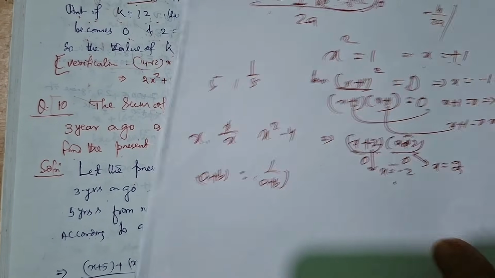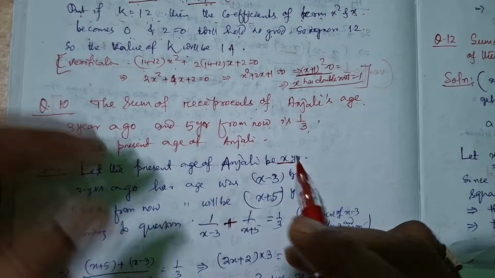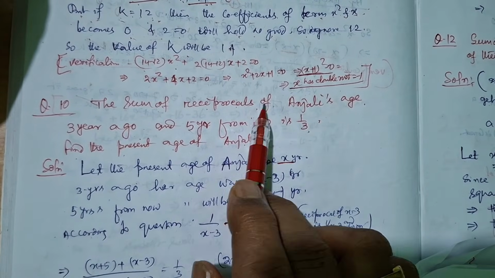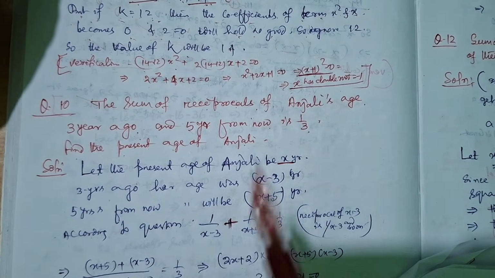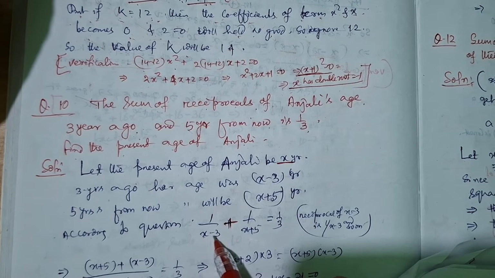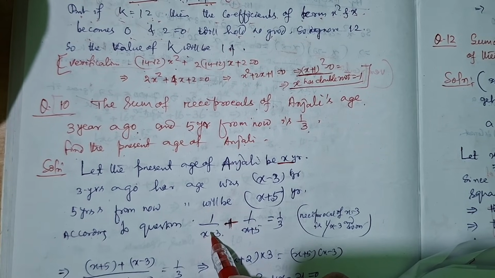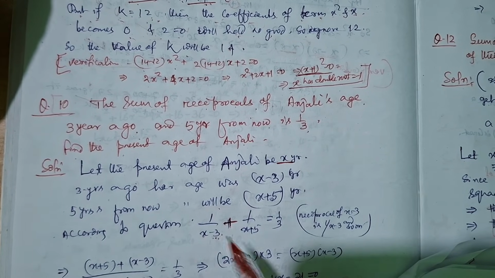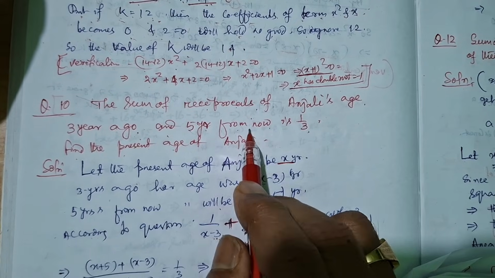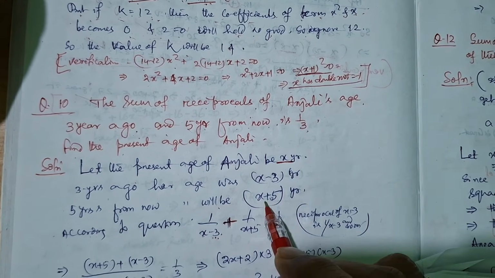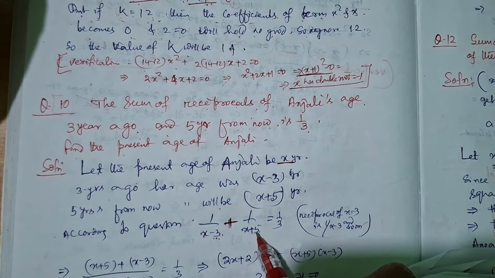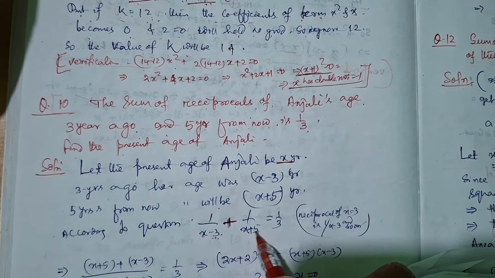So, the reciprocal means 1 by something. The reciprocal of Anjali's age 3 years ago: 3 years ago, it is x minus 3, its reciprocal is 1 by x minus 3. And 5 years from now, it will be 5 more, so x plus 5.